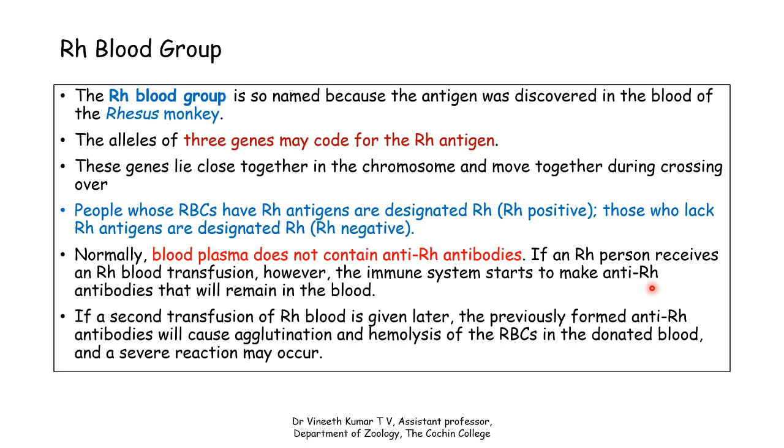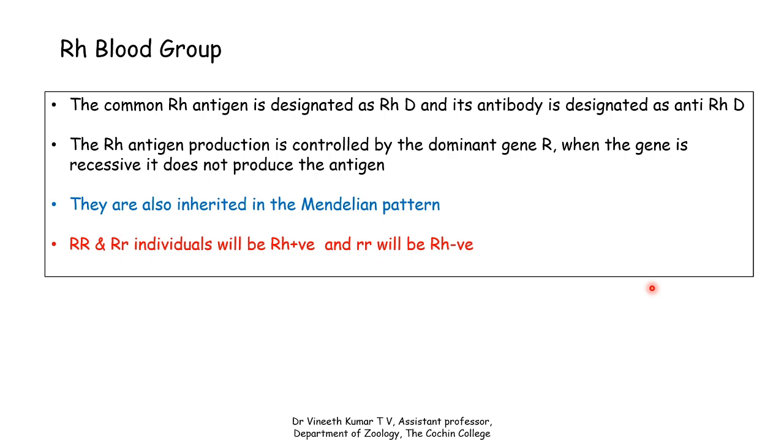Hemolysis and the other complications, as we discussed earlier, may occur. So RH compatibility is also taken as an important criterion during blood transfusion. The common RH antigen is usually designated RHD, and its antibody is designated anti-RHD.